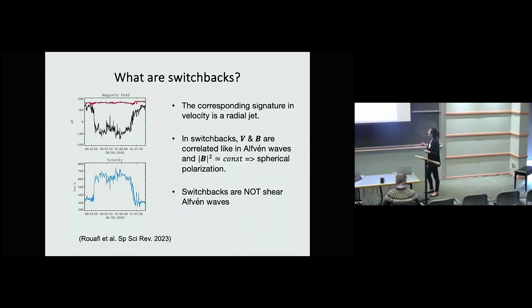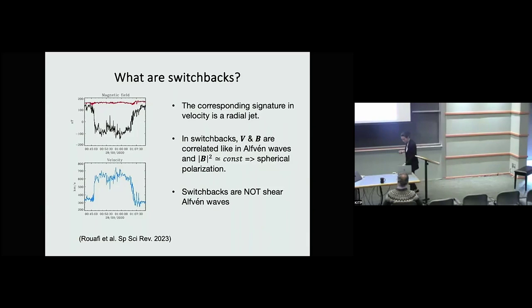However, switchbacks are not your textbook shear Alfvén waves. These are complicated 3D objects. They're quite coherent in many respects, and sometimes, as in this canonical example, they really look like wave packets. Nevertheless, these switchbacks are an intrinsic part of the Alfvénic turbulent spectrum.